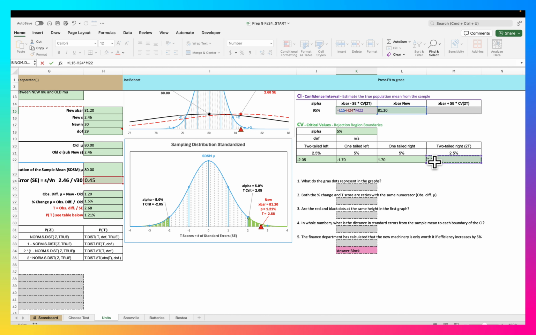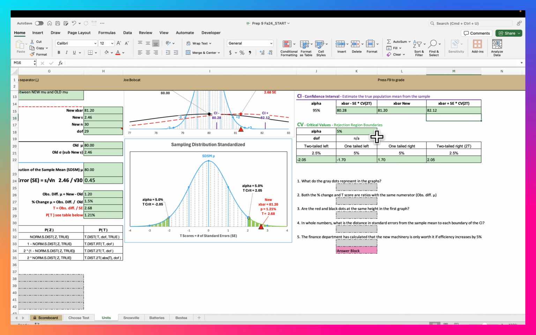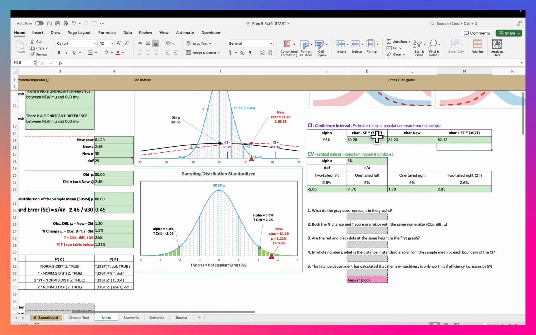So we want to go 2.05 standard errors away for our confidence interval on the low end. And on the high end, it's going to be that plus the standard error times the two-tailed right.